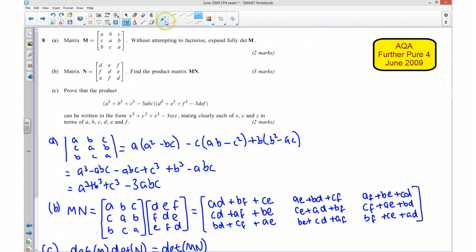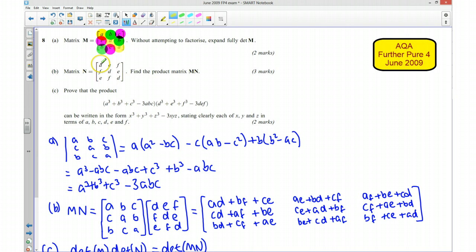Now, we're going to see if we can spot some patterns here, and what I'd like you to spot is that I've got an A, an A, an A, and I've got a B there, a B there, and a B there, and I've got a C, and a C there.